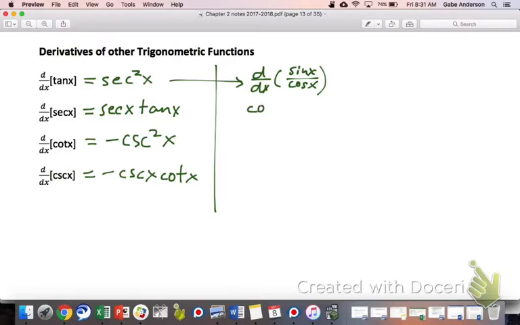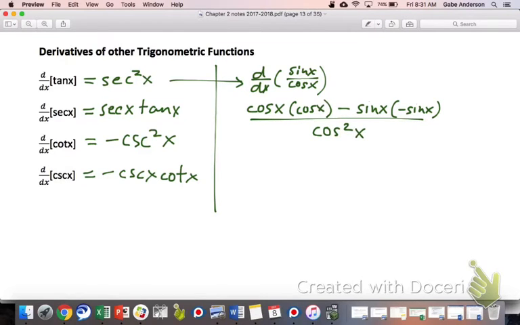So it's going to be low d high minus high d low, all over the square of what's below. This goes pretty quick now. What do you see in the top? Isn't it cosine squared plus sine squared?